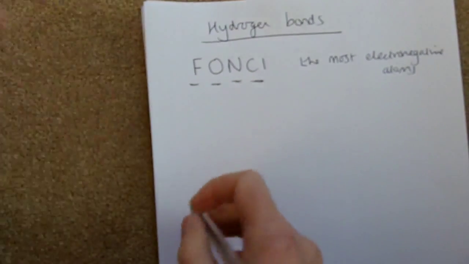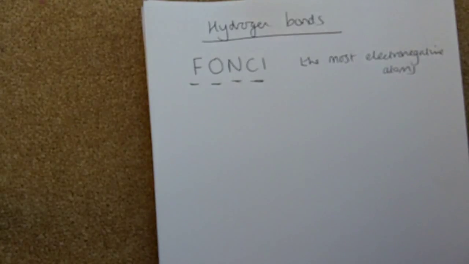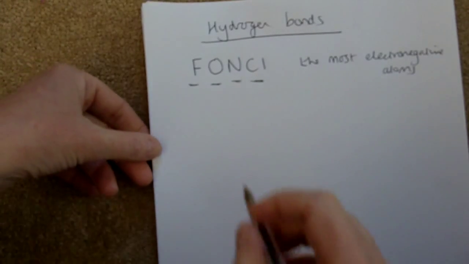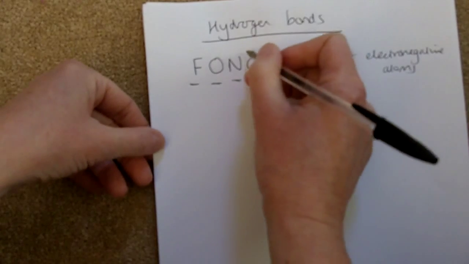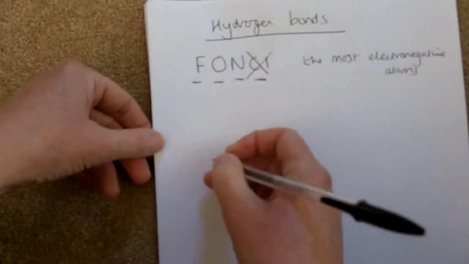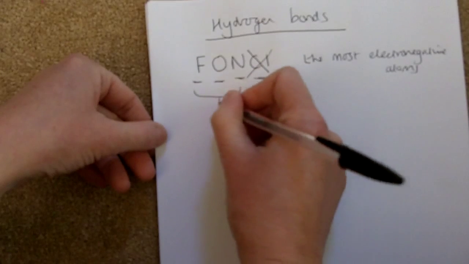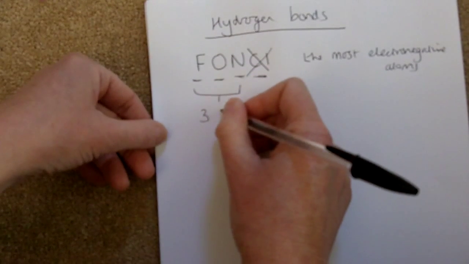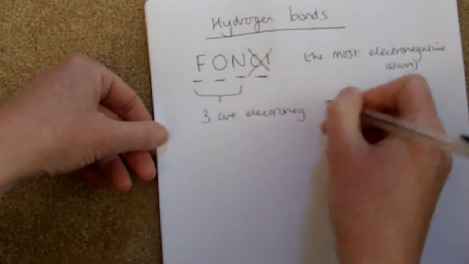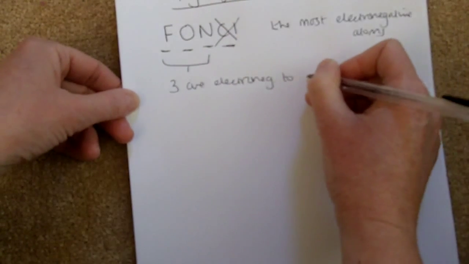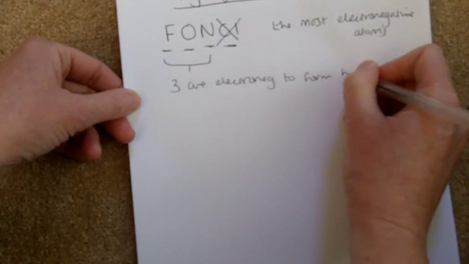Okay, they are the four, and it's a really good way to remember it. Just go FONCL. Right, but chlorine is not electronegative enough to do hydrogen bonding. Okay, these are the only three that are electronegative enough. I'm just going to write electroneg to form hydrogen bonds.